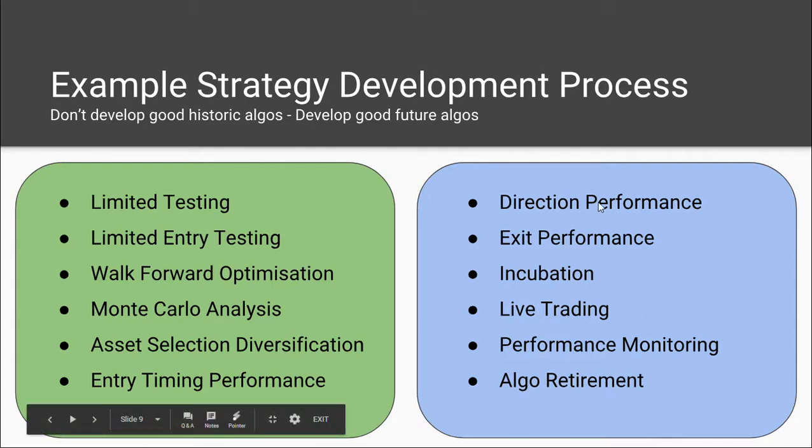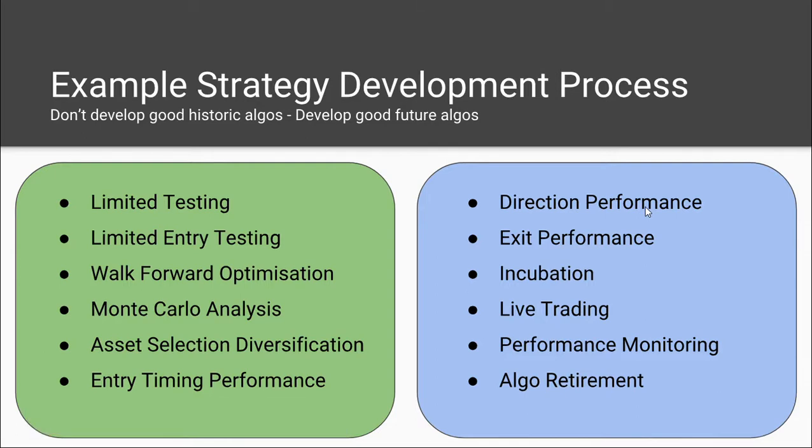And then I test the direction performance, so whether the algorithm is actually choosing a good direction to go in. If it's saying go long, is that the direction it should be going? And again, a lot of randomized simulations to work out a bunch of scenarios to see if my algorithm actually performs in the top sort of 2% of those randomized simulations.